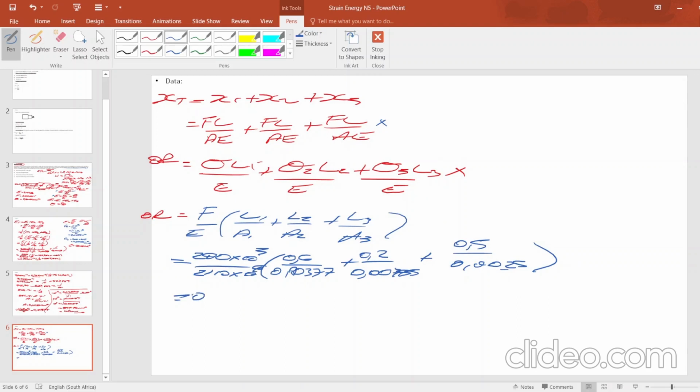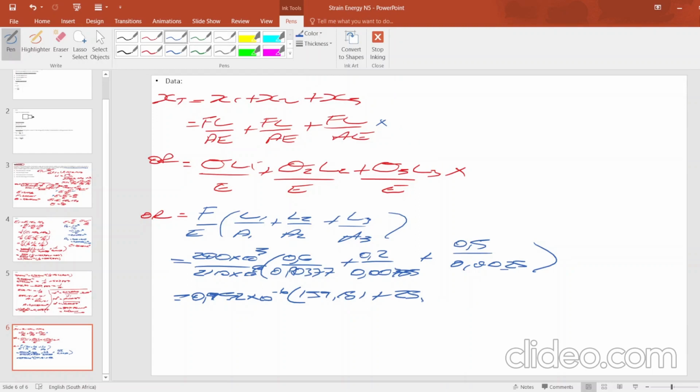It is 0.952, 10 to the power negative 6, open bracket, 159.15, plus 25,478, because when you divide 0.6 by the area, and 0.2 by the area, you'll get this number. It's a comma here, not plus.